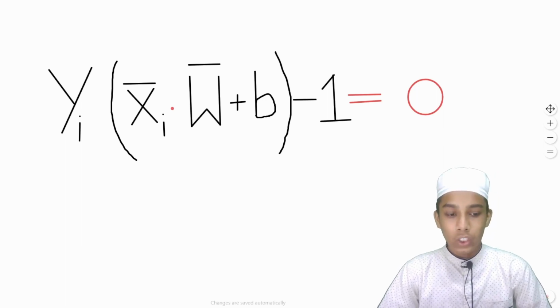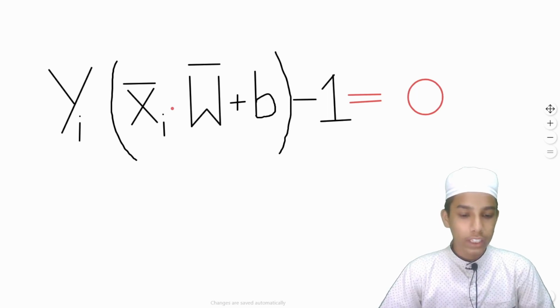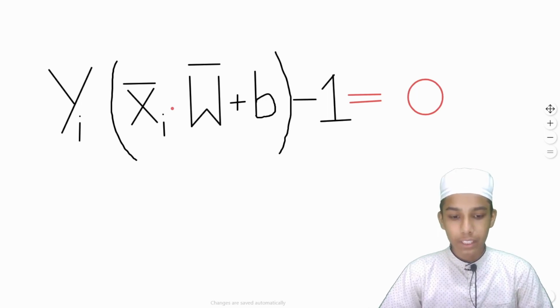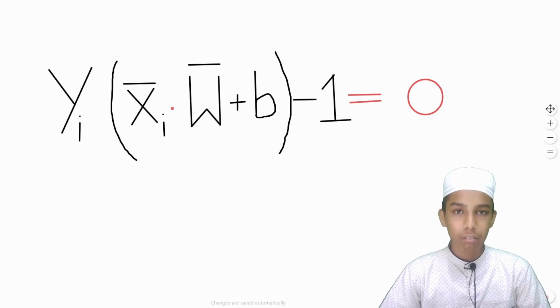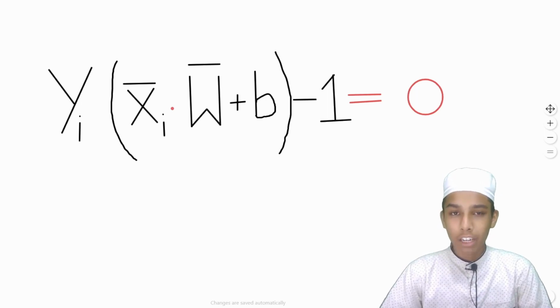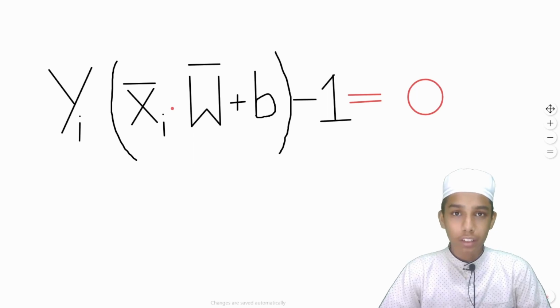So to start this, I'm going to recall the formula of the hyperplane, and that is w into x plus b. We have asserted that the definition for the support vectors in the equation will be 1 for the positive class and -1 for the negative class.